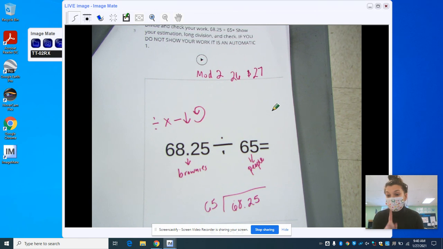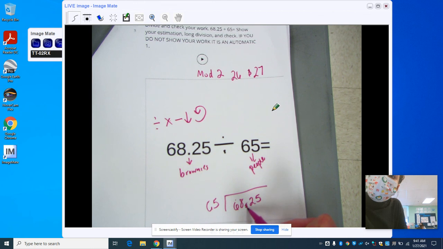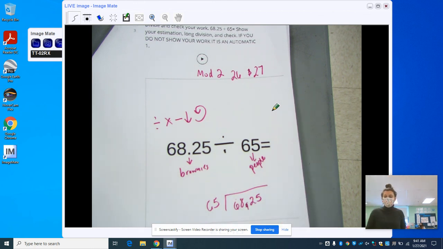Remember that your estimate helps you figure out where your decimal goes. Just forget about the decimal. Throw the decimal out the window and think about this number without the decimal. Then put the decimal back in after you have solved the whole thing by using your estimate.